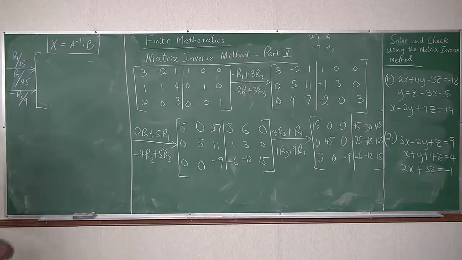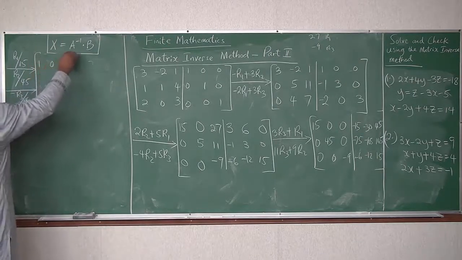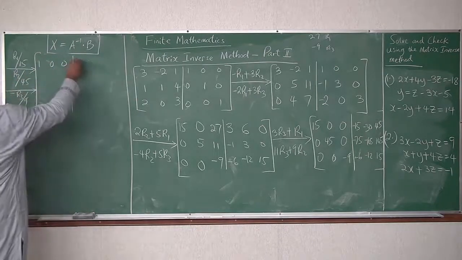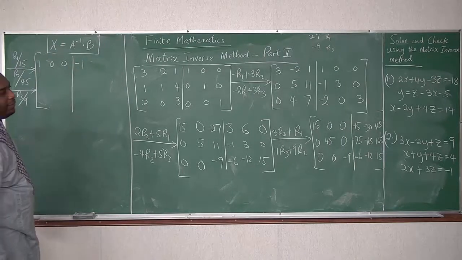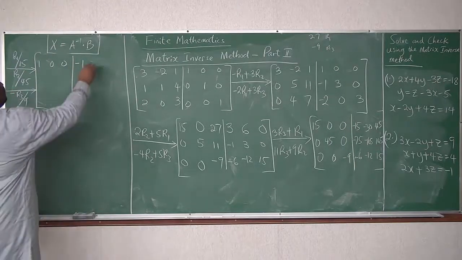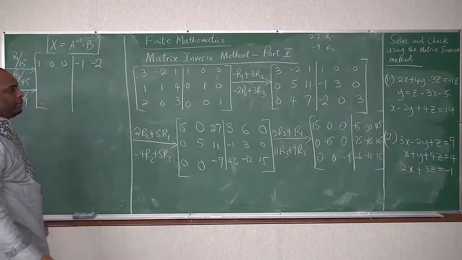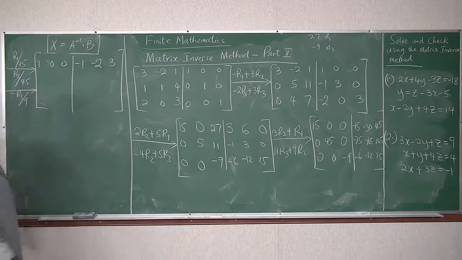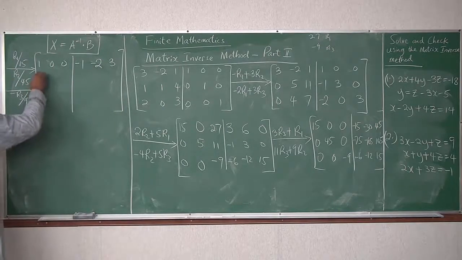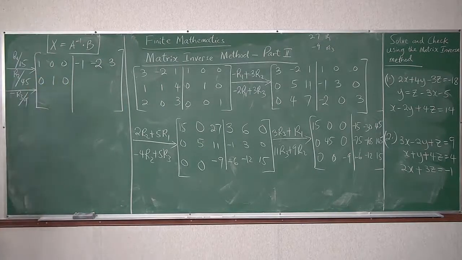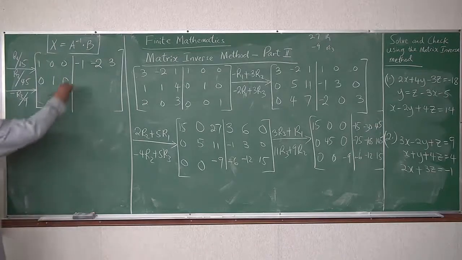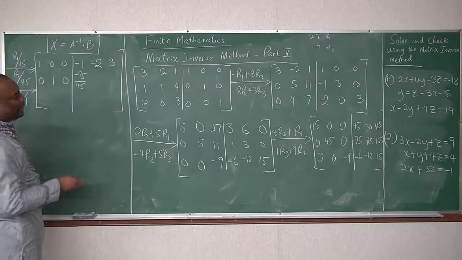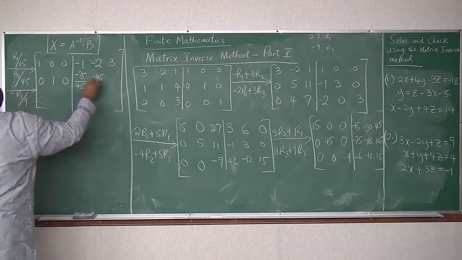Okay, so what we got here, 1, 0, 0. Negative 15 over 15 is negative 1. Negative 30 over 15 is negative 2. 45 over 15 is 3. Then 0, 1, 0. Negative 75 over 45, we shall simplify it. Negative 105 over 45.